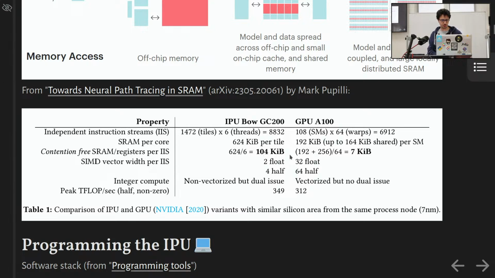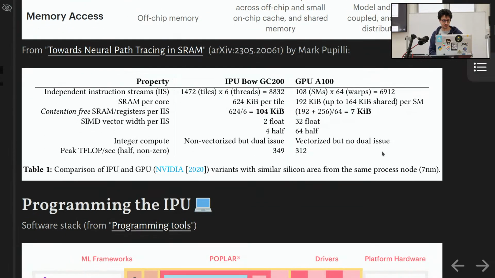The memory per tile per register is about 100 kilobytes for the IPU and 7 kilobytes for the A100. In terms of vectorization, the IPU has 2 floats. Instead, the GPU can do 32 floats, so it's a smaller register. And in terms of peak teraflops per second, it's pretty much similar to the A100.